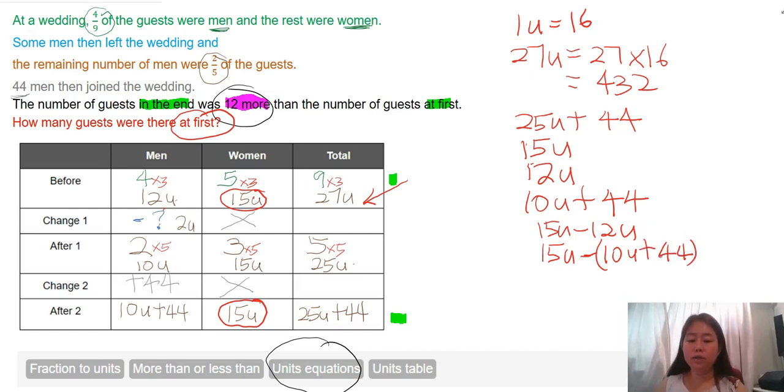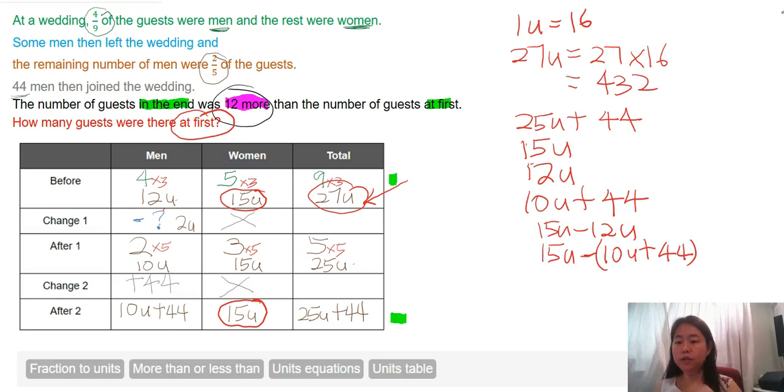We can also ask, how many more or less guests at first than at the end? For this question, we just have to find the difference between 27 units and 25 units plus 44. Let us recap what we have learned.